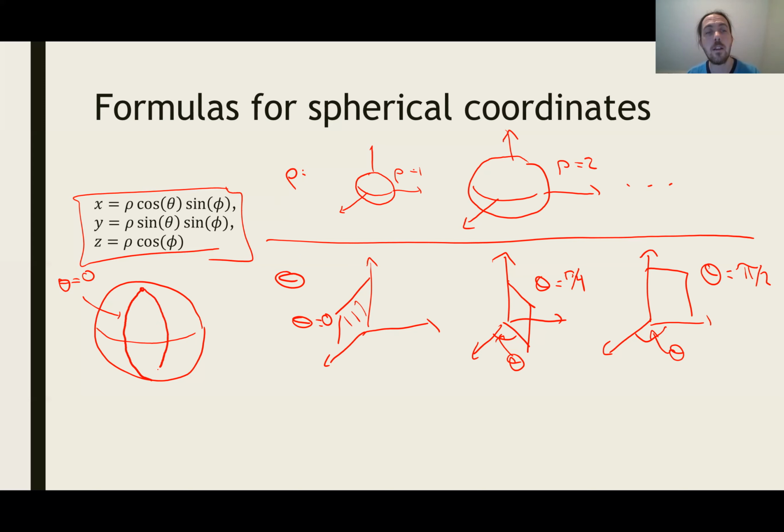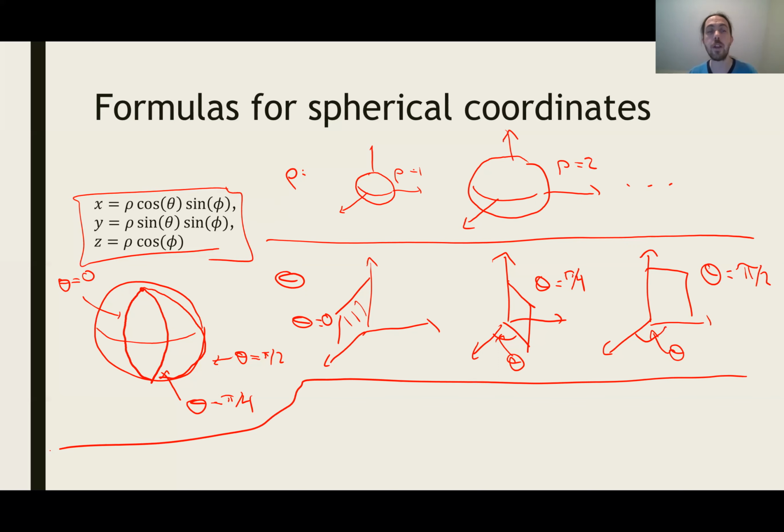Then theta equal to pi over 4 gives us this longitude line. Theta equal to pi over 2 gives us this longitude line, and so on. So all of these longitude lines are very naturally expressed in terms of theta coordinates. And so spherical coordinates, for this reason, are handy for measuring positions like on the Earth.